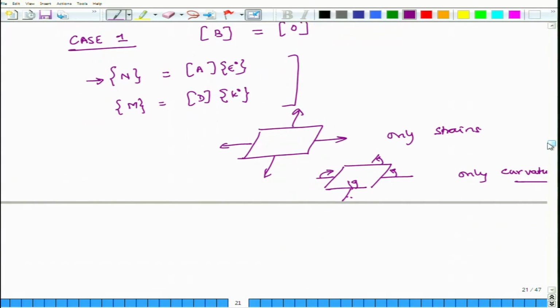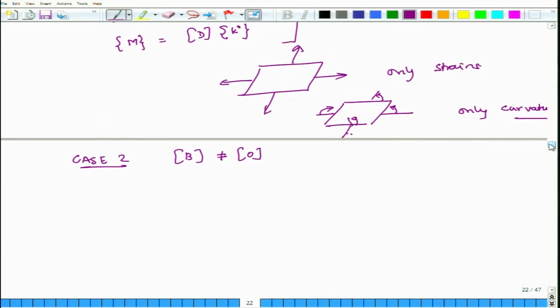But we can have another case where the B matrix is not a 0 matrix. Suppose you have a plate and you apply some Nx, you can also apply some Ny, and you can also apply some Nxy.